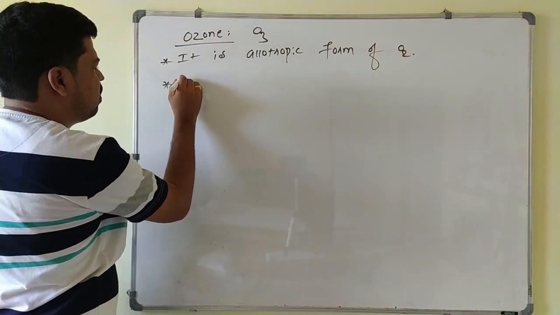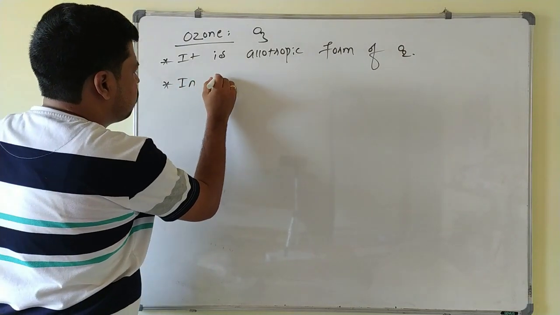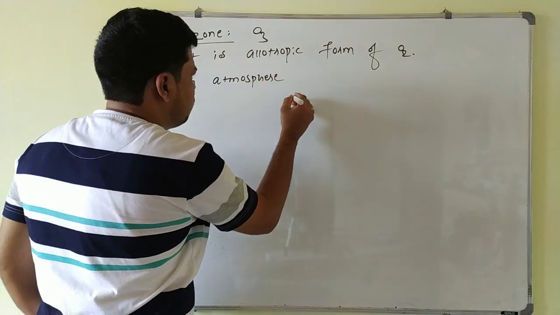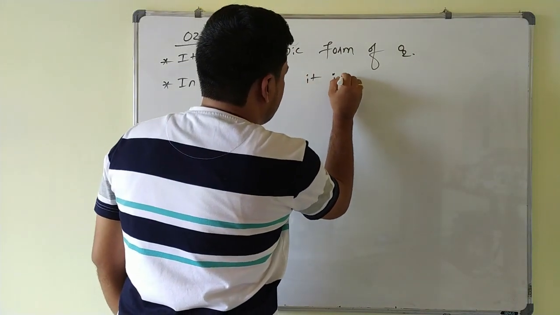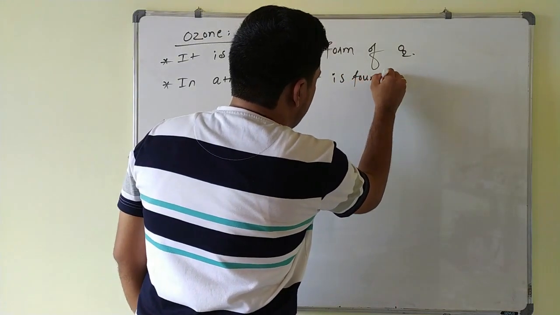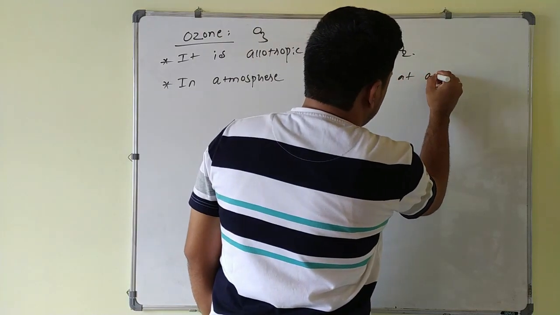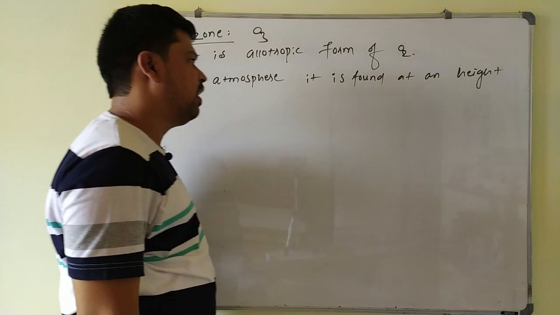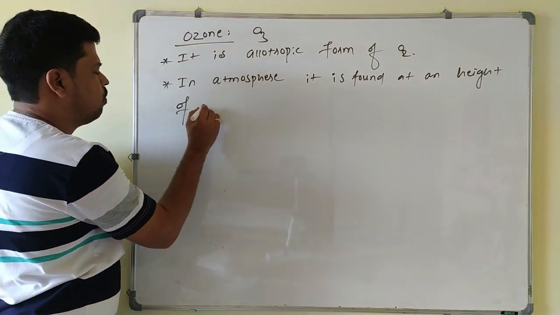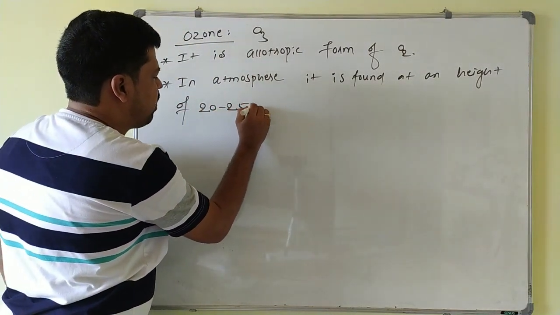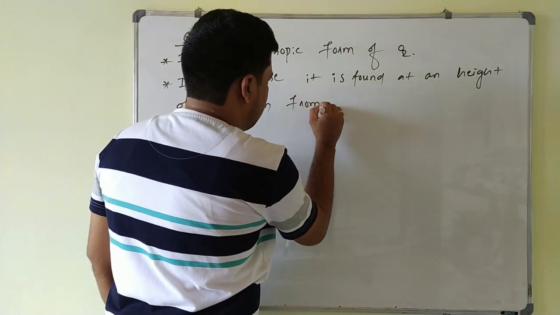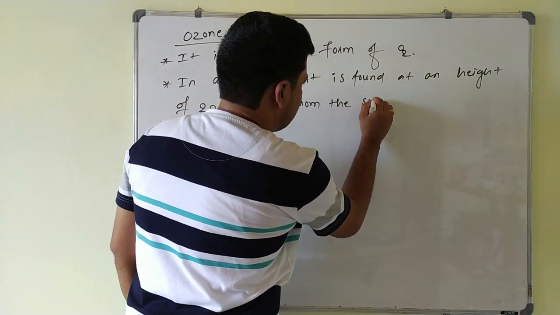Next point, in the atmosphere it is found at a height of 20 to 25 kilometer from the surface of earth.